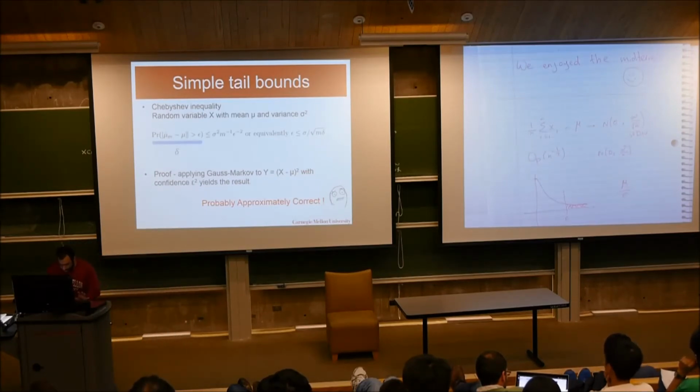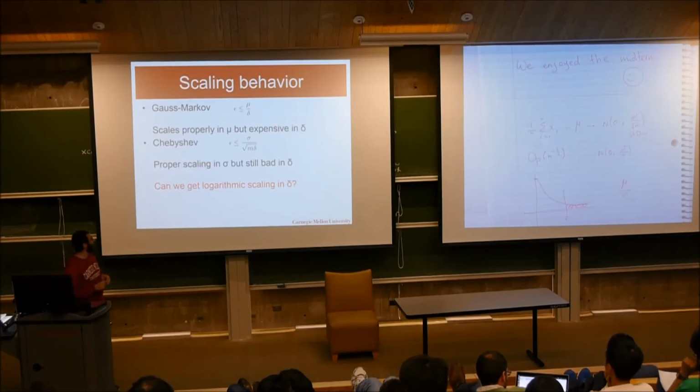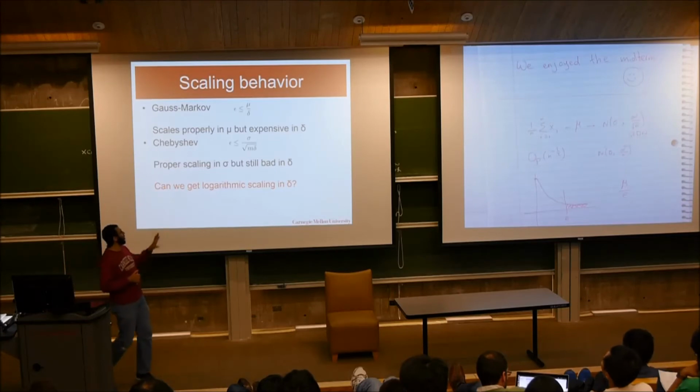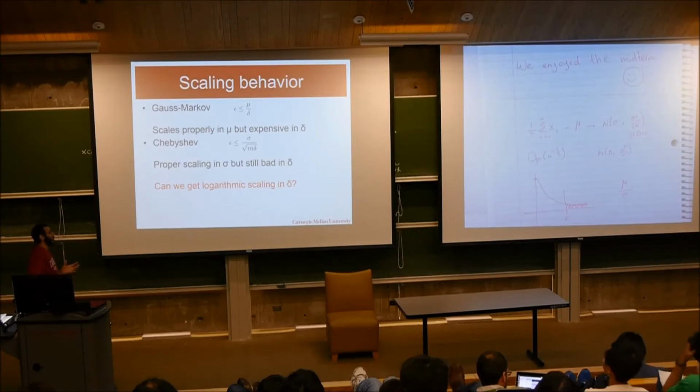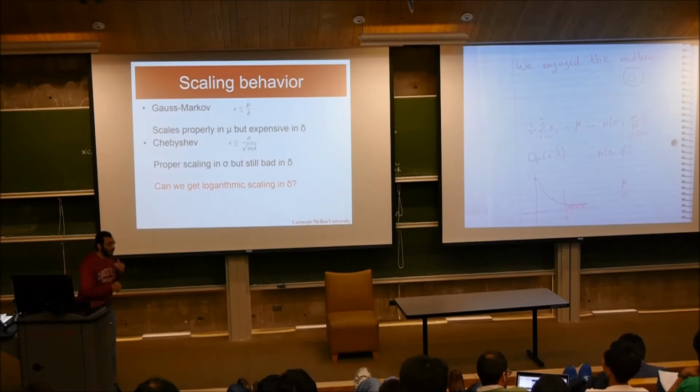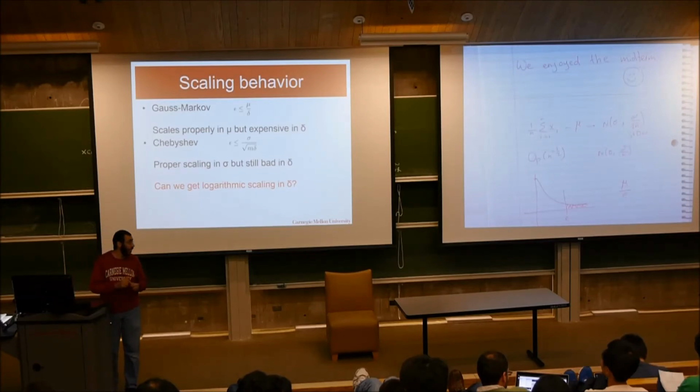So let's see the two inequalities we have just discussed. Gauss-Markov said that epsilon is less than or equal to mu over delta. So this one scales properly in mu, but is expensive in delta. It scales with 1 over delta. Remember, epsilon and delta are less than 1, and we want them to get really close to 0.